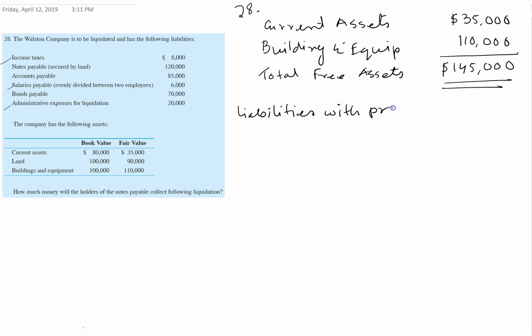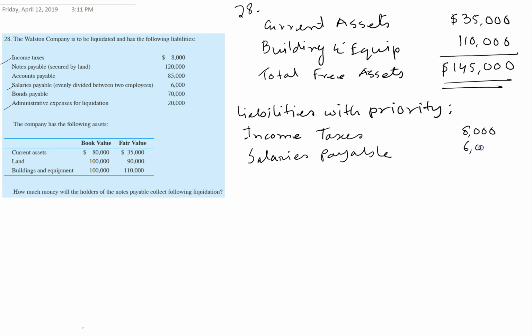Liabilities with priority. We'll consider all three items. Income taxes, which is $8,000. Then we have salaries payable. The limit is up to $12,850, and we have 2 employees, and of course it's less than the limit, so we have to pay the whole thing. Salaries payable is $6,000.